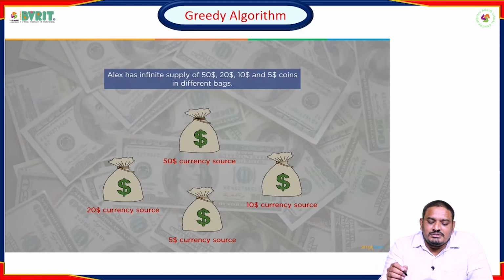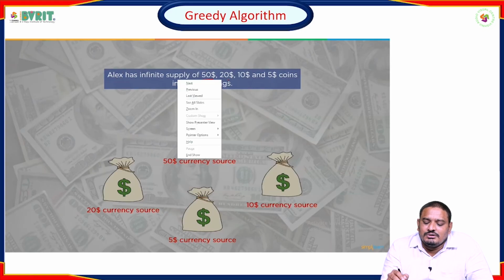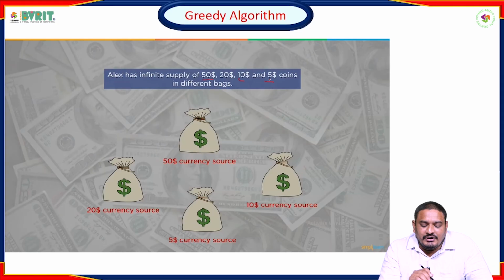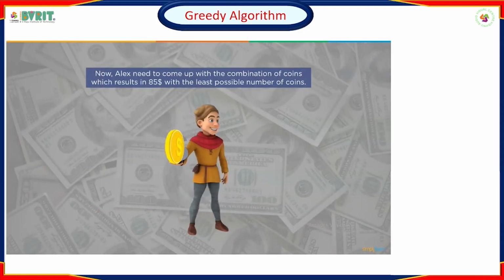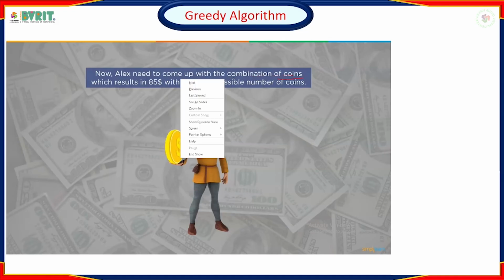Alex has coins of $50, $20, $10, and $5 in different bags. One bag has the $50 coins, one has the $20, another has the $10, and another has the $5 currency. Rachel needs $85, so Alex has to come up with a combination of coins that adds up to 85, using the least possible number of coins.